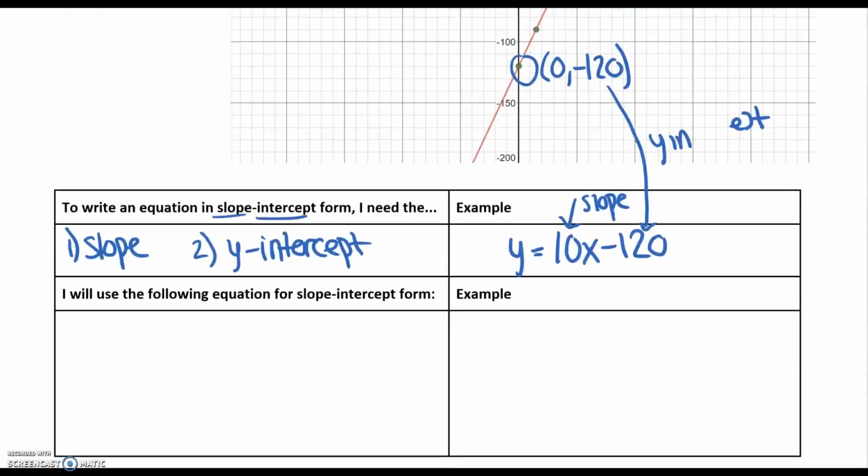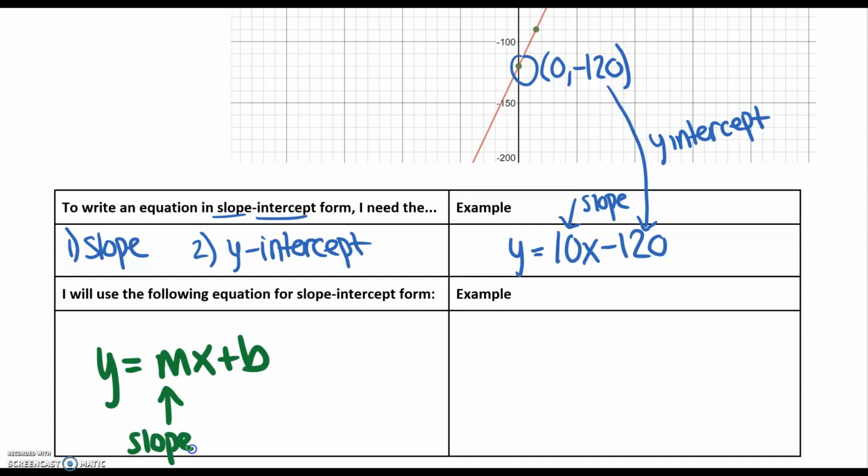To summarize, our general form of slope-intercept would be y equals mx plus b. Again, m is the variable we use to denote slope, I think m for movement, and b is the variable we use for our y-intercept.